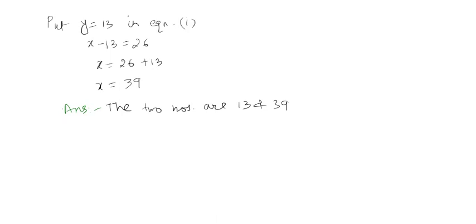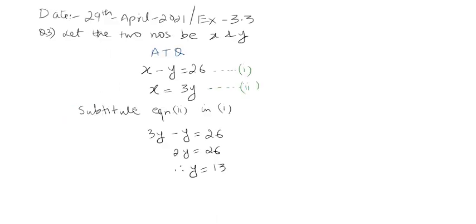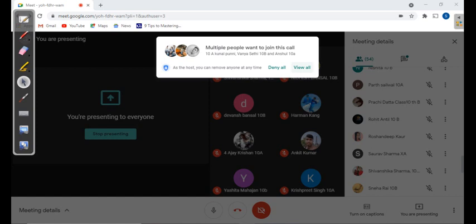So always for statement questions, word problems, you have to leave the answer in the form of a statement, right? So this is the third question, first part. Now let us see what is the next question.